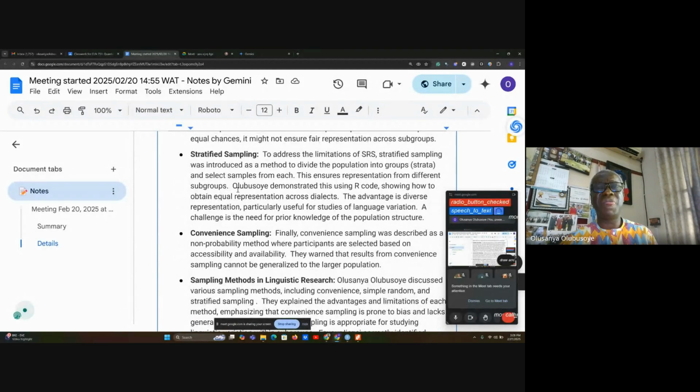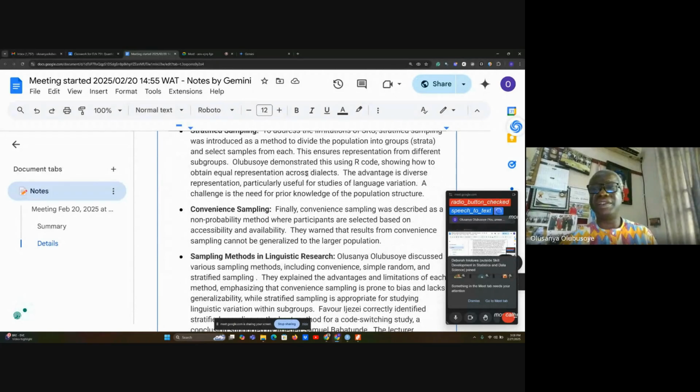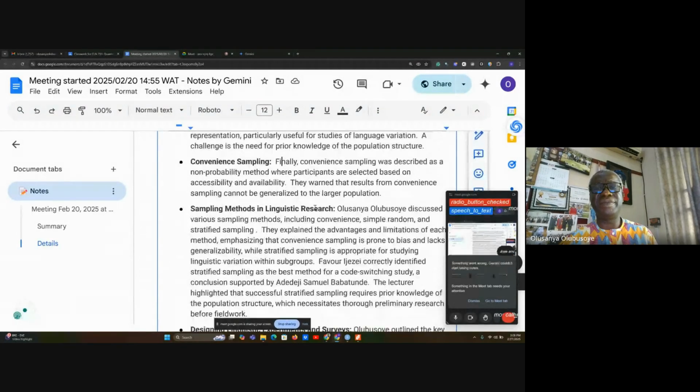Those are probability sampling techniques. The non-probability one is convenience sampling.